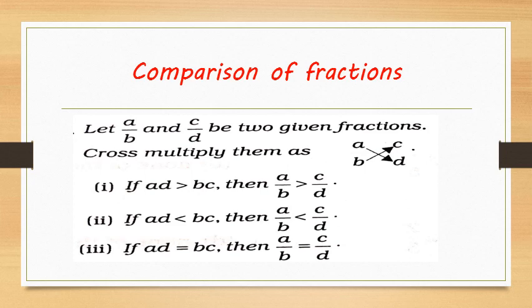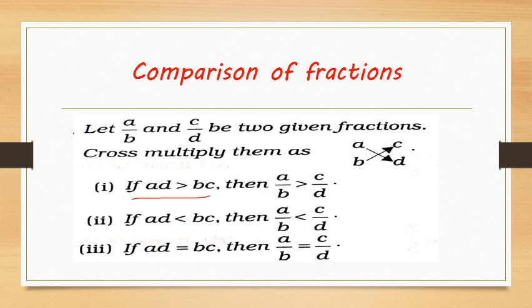Then just cross multiply them, keeping the numerators at the same place and multiplying the corresponding denominators with the numerators. So you will get products like AD and BC.